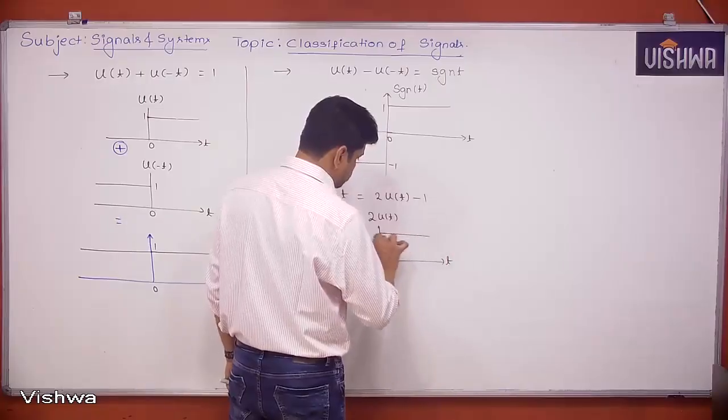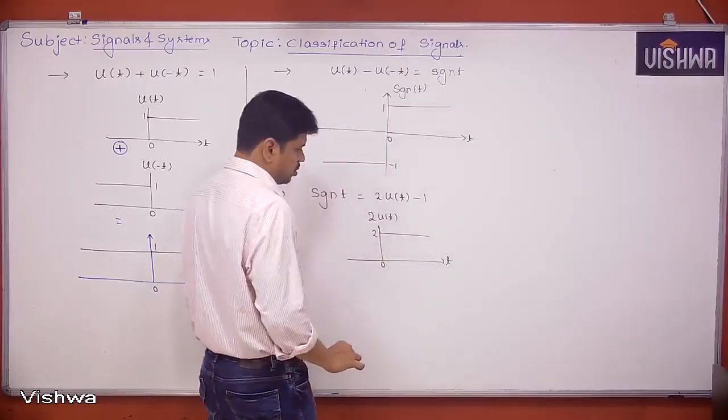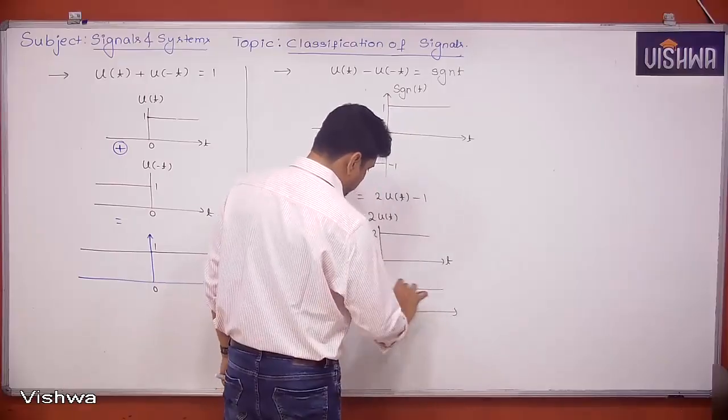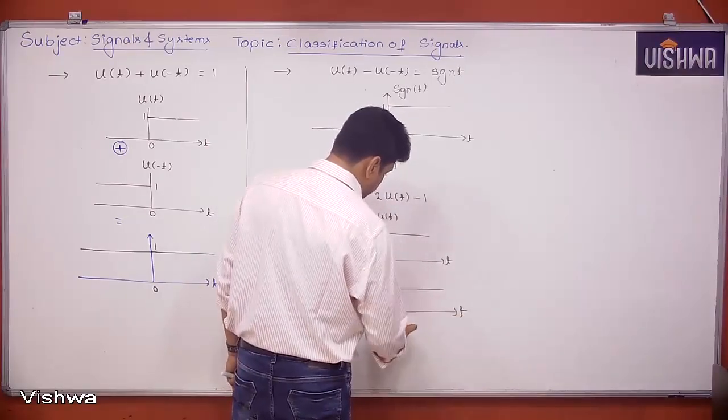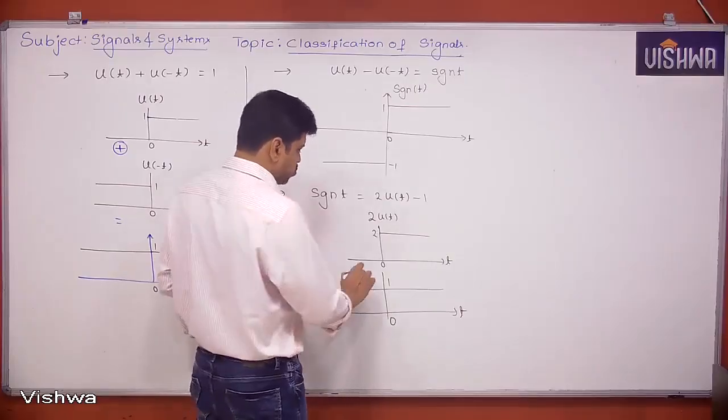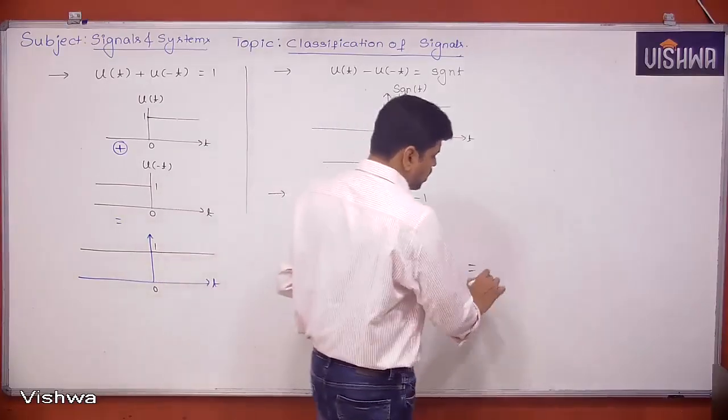Whose value is equal to 2. 1 means for all the values of time, its value is 1. If you subtract it, 2u of t minus 1, what is the result we are going to get?